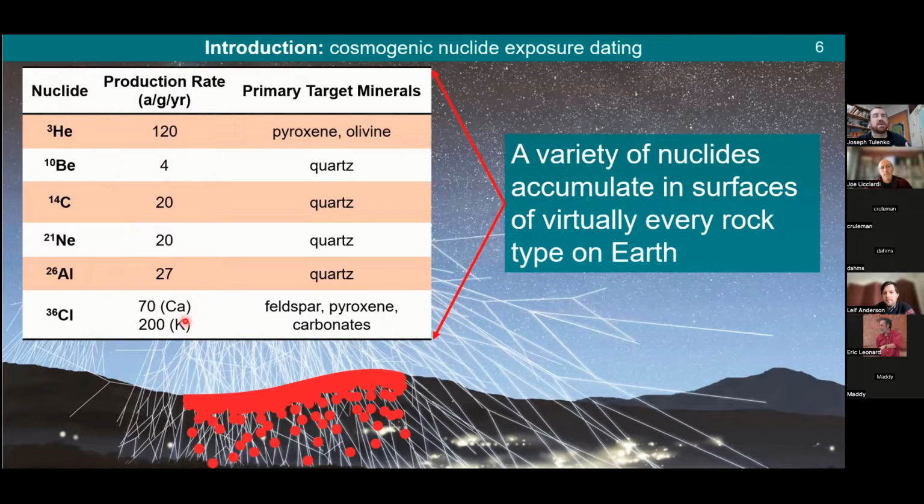And so you can calculate an exposure age by measuring the concentration of the nuclides and dividing it by the production rate. And so this is a pretty powerful tool, given that you can measure cosmogenic nuclides in almost any surface on Earth.